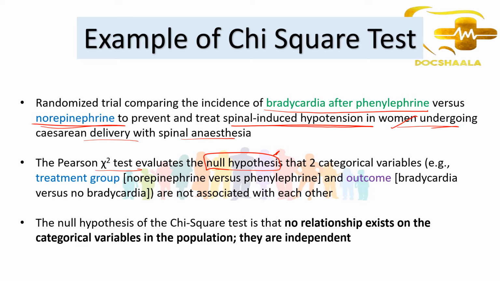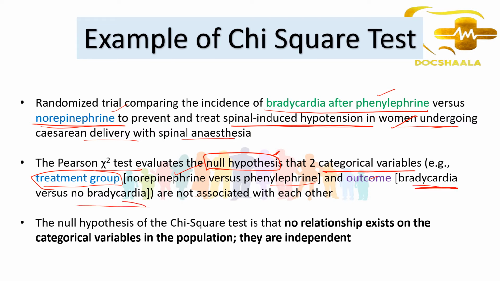According to the null hypothesis in this chi-square example, the two categorical variables we use here are the treatment group, where we are giving either phenylephrine or norepinephrine, and the outcome group, which is whether we get bradycardia or not.